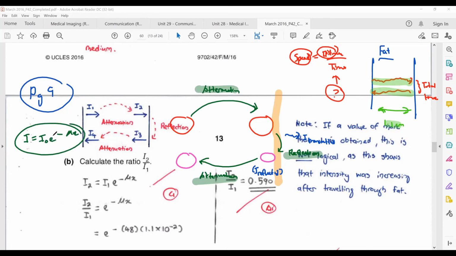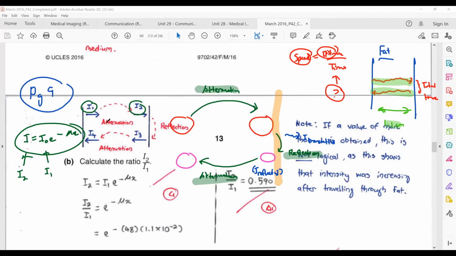This is for attenuation. So here, your initial intensity will be I1. Your remaining intensity will be I2. Okay, this one was initial intensity, this is the remaining intensity.